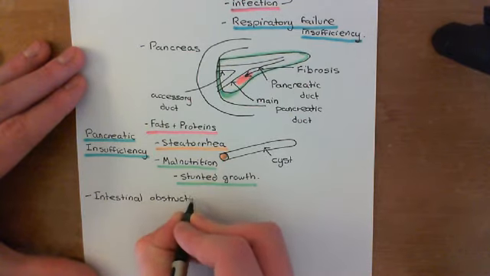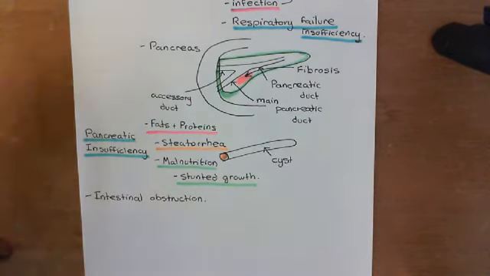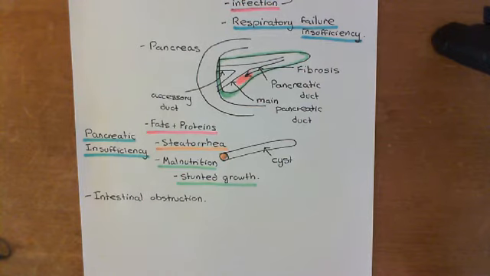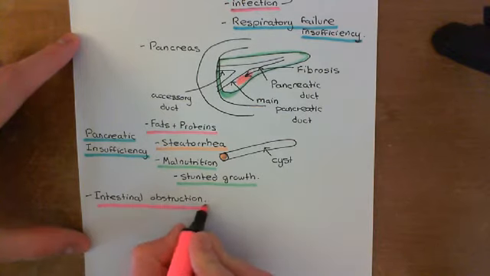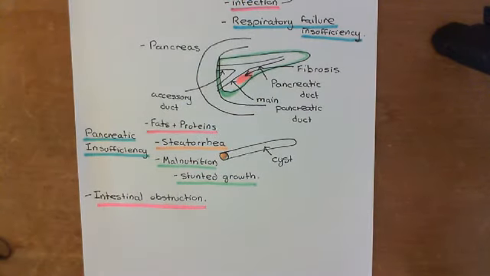This can lead to intestinal obstruction because that mucus is there to lubricate the surfaces of the intestine so that food boluses can easily move through the middle of the lumen. So if the mucus becomes far too thick and sticky, it fails to perform this role, and instead what you can end up with is obstruction of the intestine with fecal matter and mucus. So that's another symptom that can result because of cystic fibrosis.